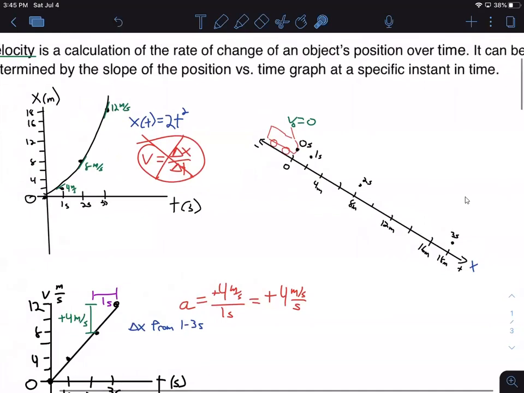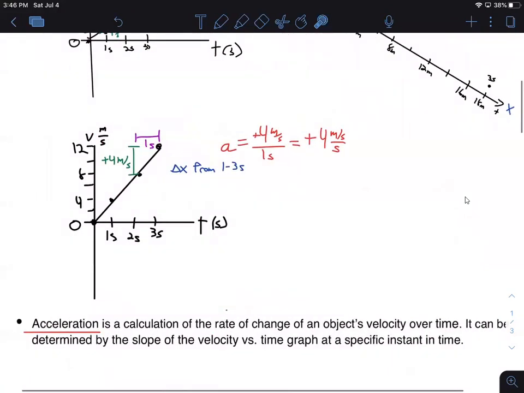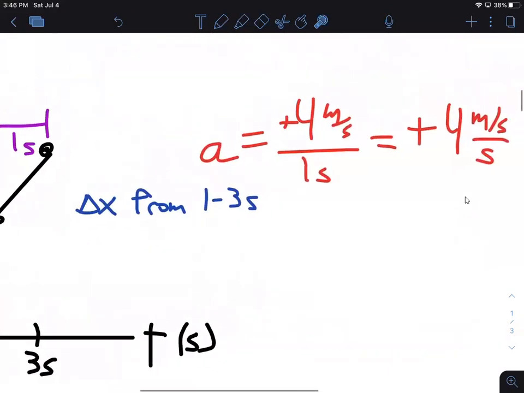You could say, well, at the first second, it was at 2. And at the third second, it's at 18. So its displacement would be 18 minus 2, or 16 meters. We could also see that here, going from 1 second to 3 seconds. It goes from 2 to 18. That's a change, a delta x of 16 meters.